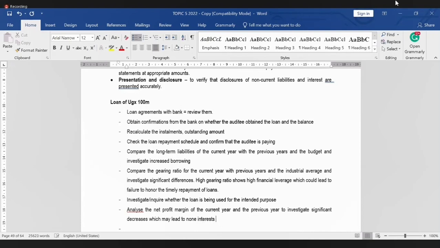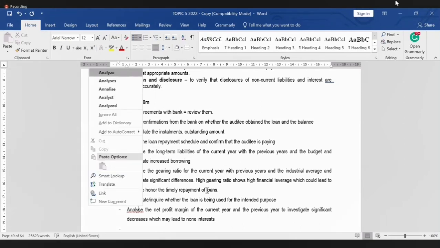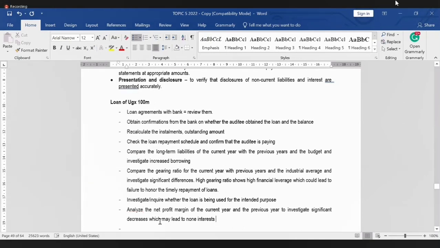So if profits are decreasing, that means you may not be able to pay your interest. So I'm just brainstorming these tests, and this is what I could basically test on loans.